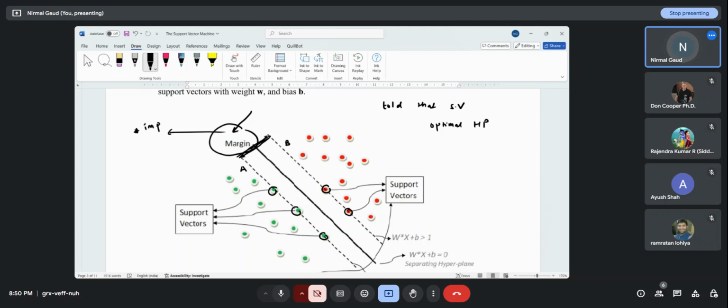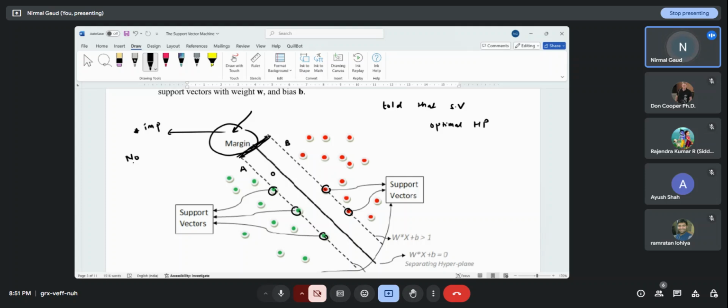Now you may have a question, sir, if there is any point which is present here, is it a support vector? No. Support vectors are the points which define the decision boundary and which are present at the class boundary. Okay, they are closer to the decision boundary.